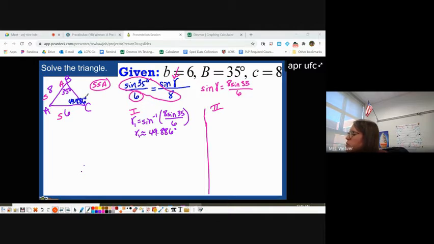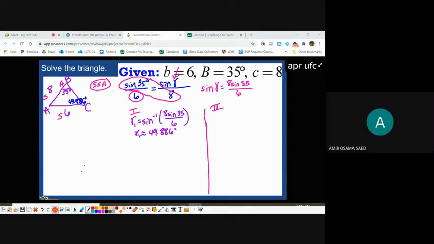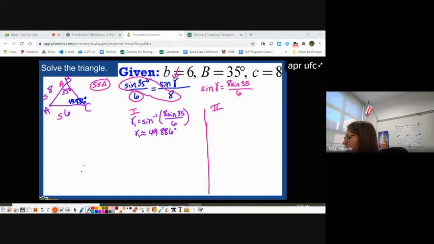And once we know 2 angles of a triangle, what's the fastest way to find the third angle? By subtracting the thing from 180. Absolutely. Now we're looking for angle A, which I'm going to call alpha, the Greek letter alpha. So my first option and all of my options in this one are my quadrant 1 options.